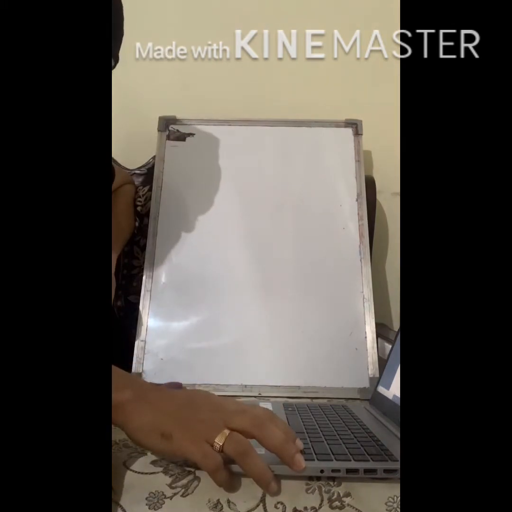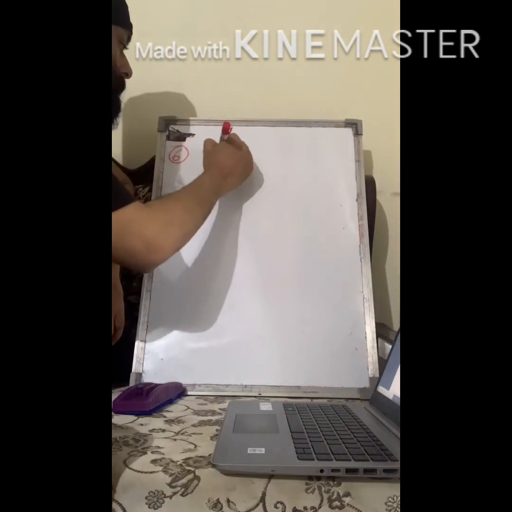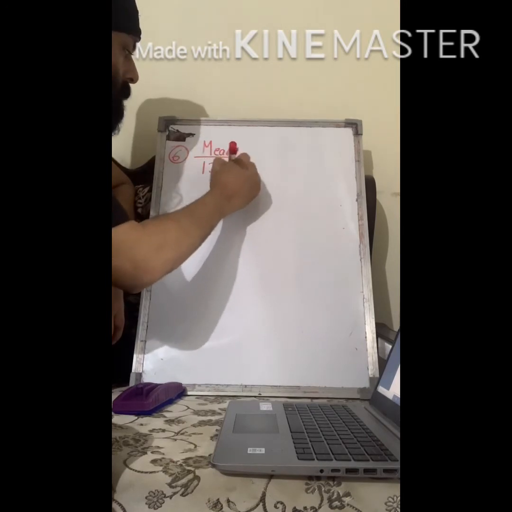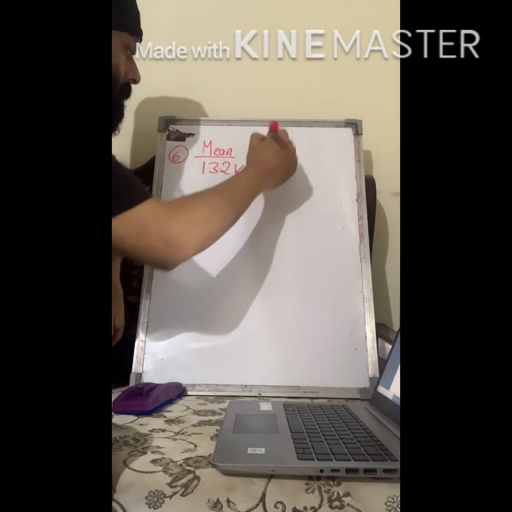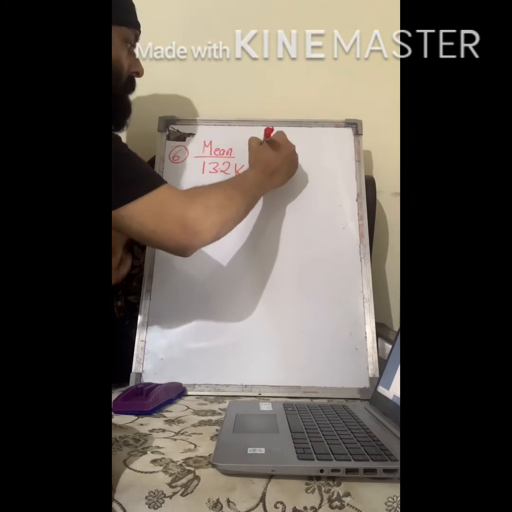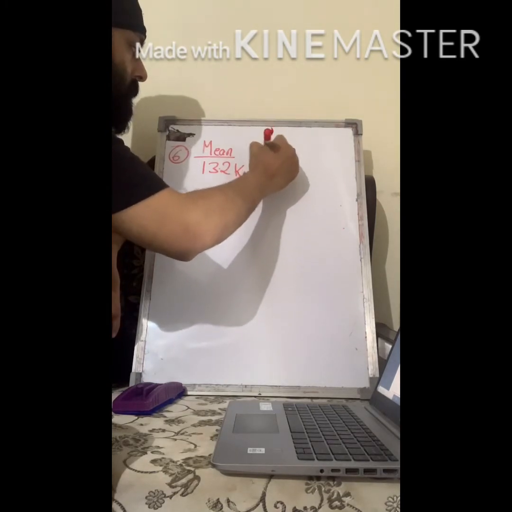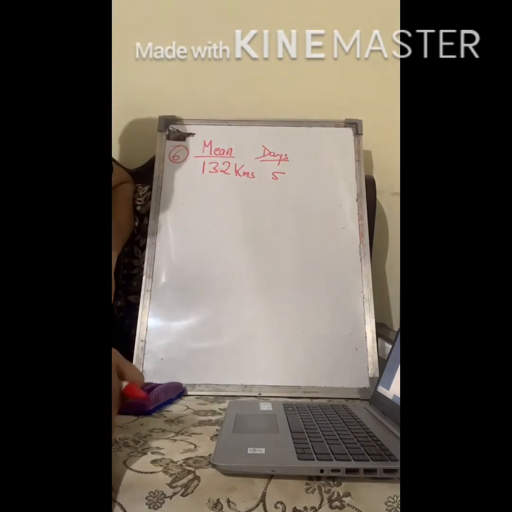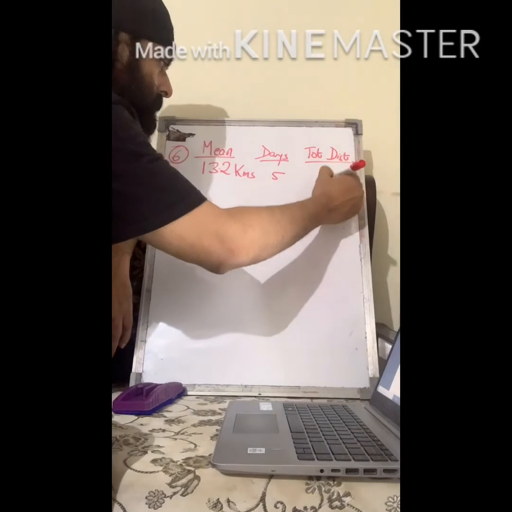Question number 6. The mean is 13.2 kilometers. Total number of days is 5. So the total he ran in 5 days is 66.